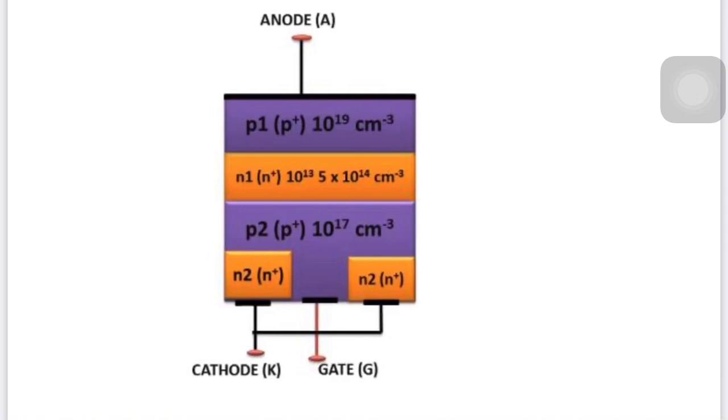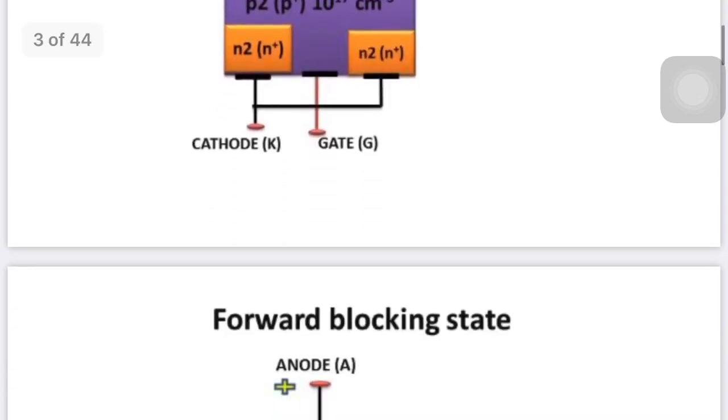This N2 is on both sides. The P2 layer is somewhat larger compared to the others. This is the doping level; the P plus and P minus indicate the doping layers. So, this is the simple practical diagram of the SCR.